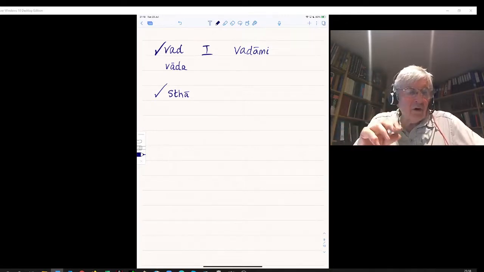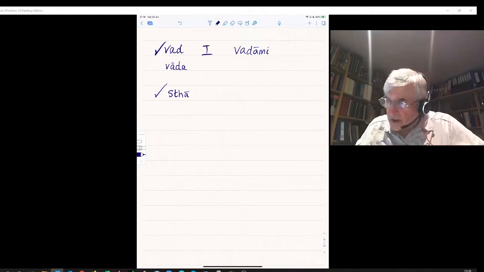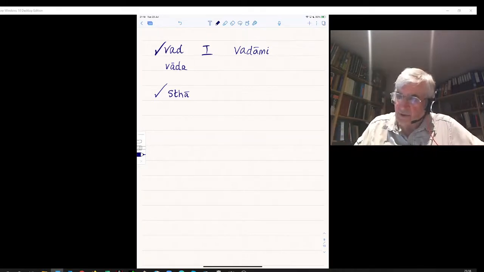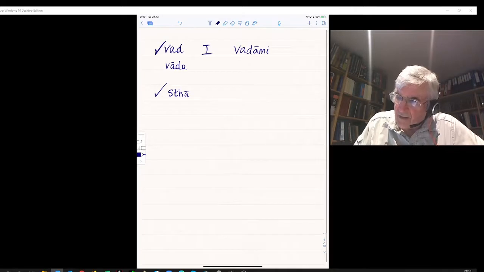This belongs in class 1, but it's a subclass of class 1 because you duplicate the first syllable. And if it's a long a, you duplicate it with an I. So sta duplicates the t, and then you add the ending.